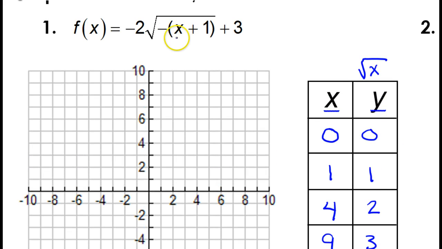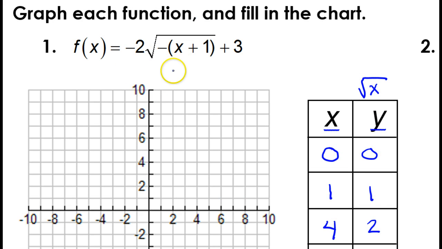Now, when you have multipliers, either outside or inside, sometimes I'll talk about a values and b values, and if I do, it's because I'm referring back to this model for a square root function: a times the square root of b times x minus h, and then plus k.